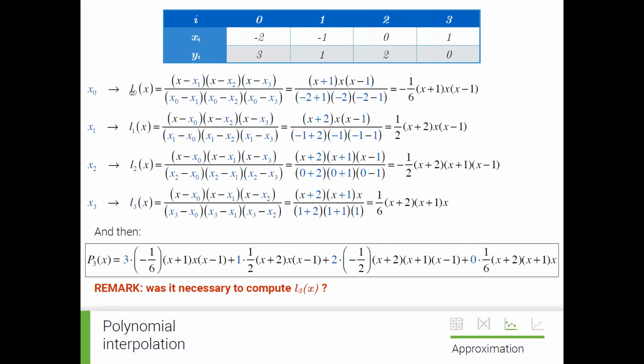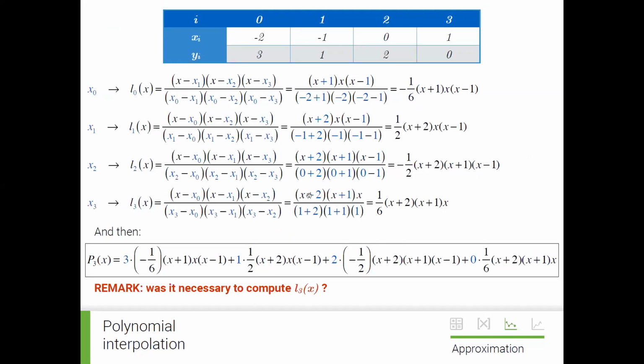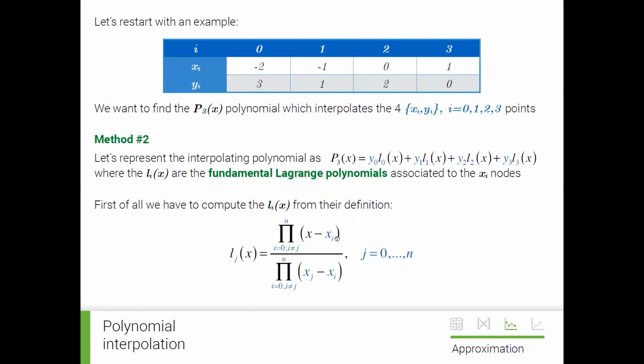Fundamental Lagrange polynomial of x0. So in this case, your x0 will be here. Look here. And you need to subtract x0 minus x1, x0 minus x2, and x0 minus x3, like this in the denominator. And in the numerator, you have just x minus xi.